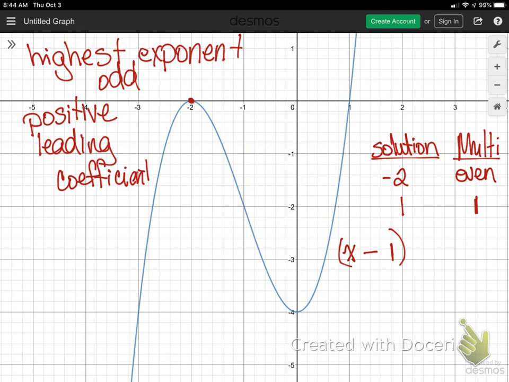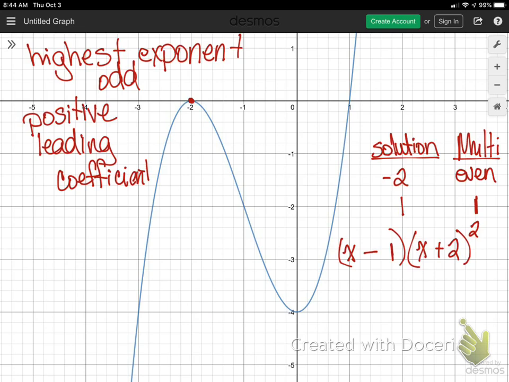Okay? If -2 is my solution, what's the factor associated with it? Not x squared. X what? X plus 2. Now, this is what we square.